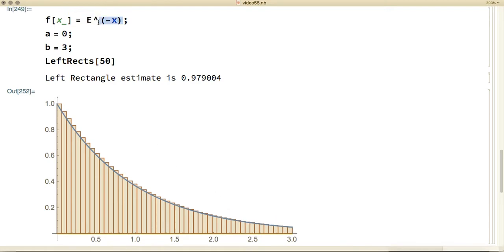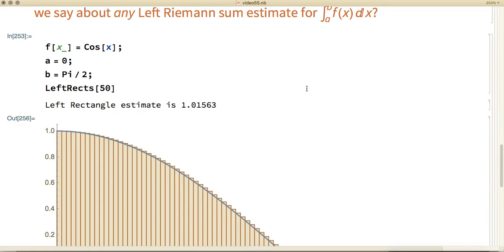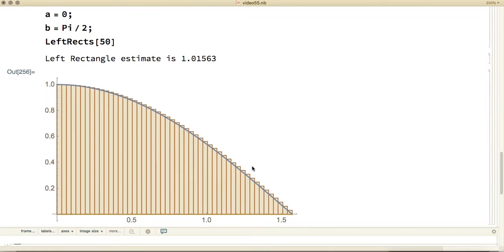There's nothing special, again, about this particular decreasing function. Another decreasing function would be cosine of x on the interval between 0 and pi over 2. If I look at that left rectangle estimate, you'll see that the left rectangles are overlapping the curve, and hence the left Riemann sum is going to be an overestimate.